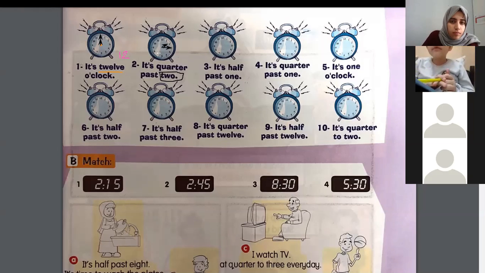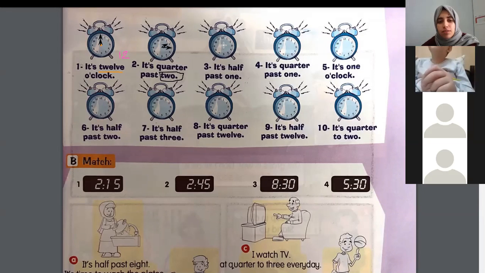Yaman, if I say it's 1:30, where do I draw the long hand? For number 3, if I say it's 1:30, where do I draw the long hand? At 3 or 6 or 9 or 12? Half past, remember.